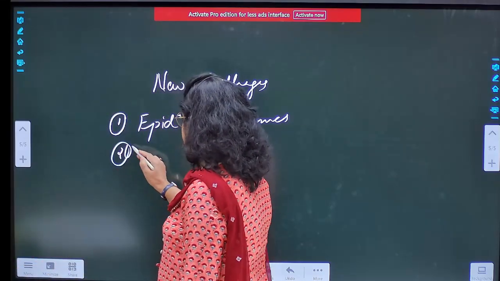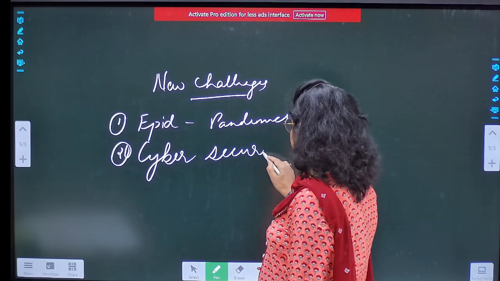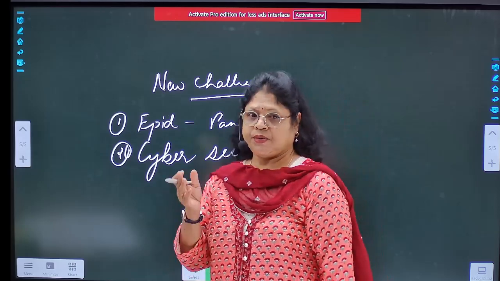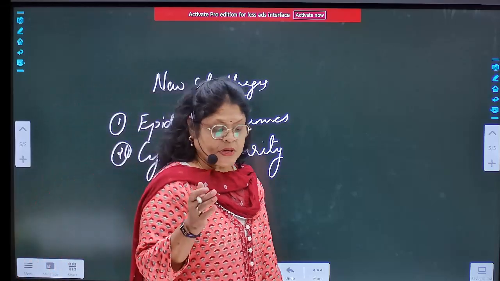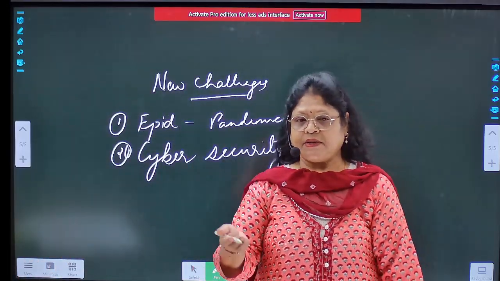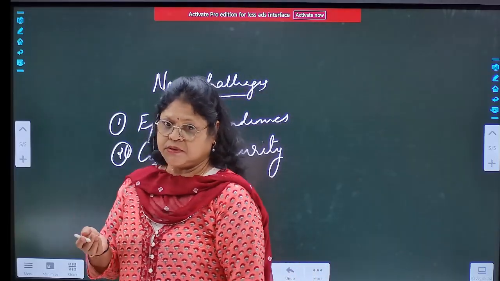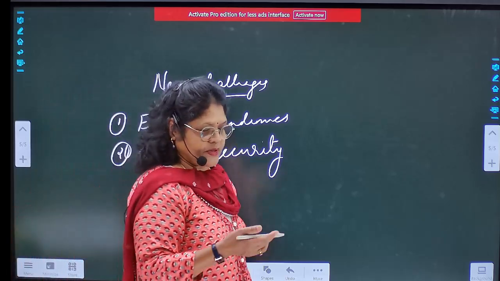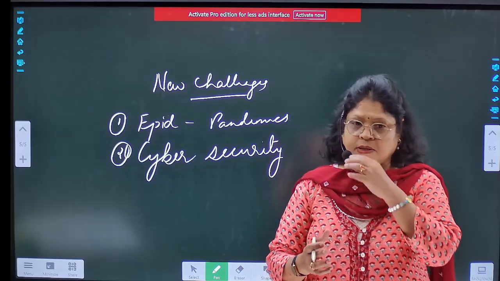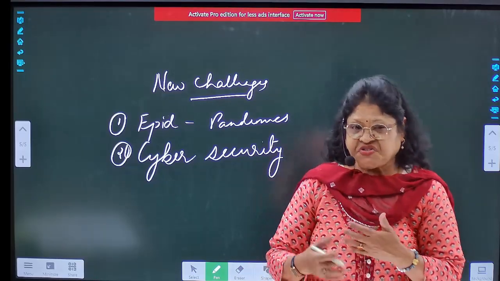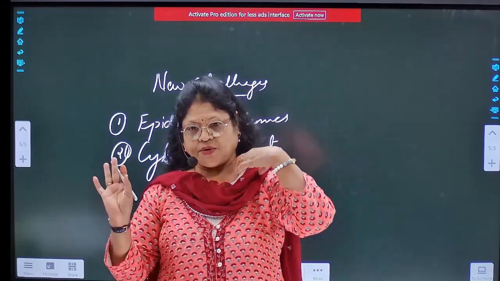The second is cybersecurity. It has become a very major issue where even the most secure cyber systems have been hacked. You recently must have read in the news about the AIIMS Delhi website being hacked, then the Pentagon's website was hacked. The cyber criminals are researching and experimenting and using their techniques in such a manner that now nothing is secure.